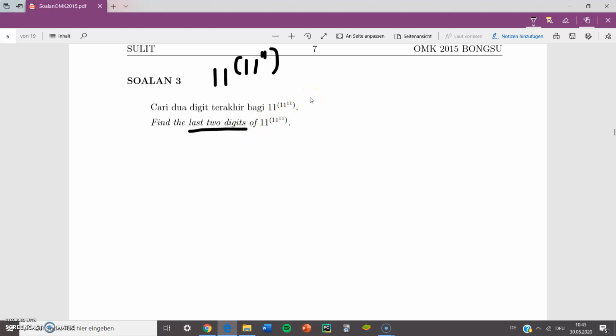Prior to that, I'd like to introduce a concept called modular arithmetic. I'll put some links in the description to other videos to give you a stronger understanding of modular arithmetic, but I won't be talking much about it here. Just for a simple introduction: when we say 37 divided by 4 has a remainder of 1, we can write 37 as 9 times 4 plus 1.